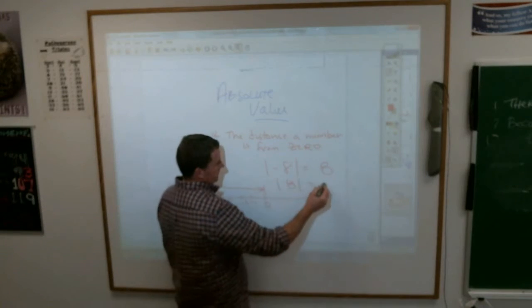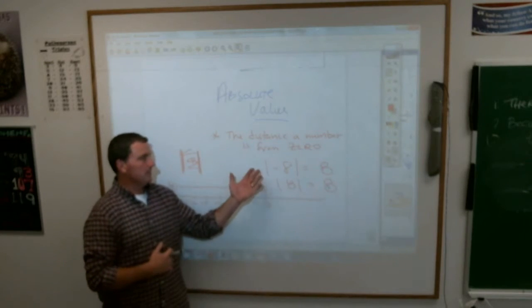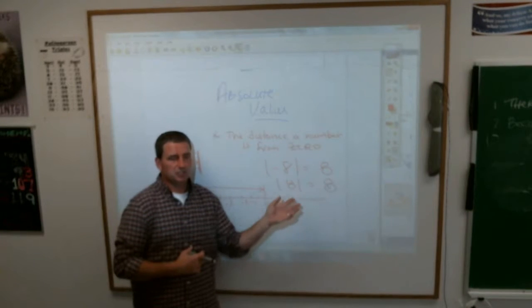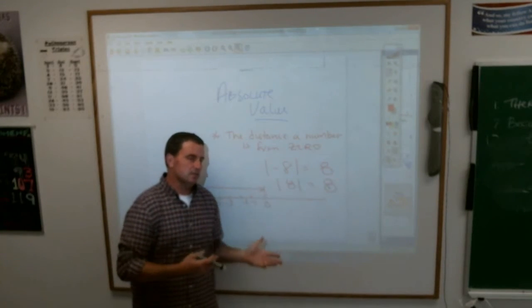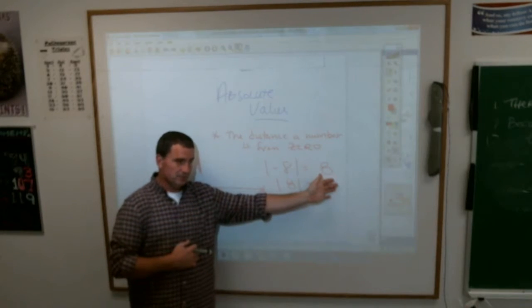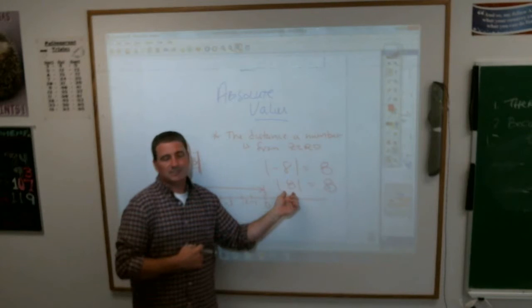8 spots. 8. Here is where most people make their mistakes with absolute value. They think because -8 absolute value becomes +8, it just changes it to its opposite, and that's not true. It does change negative numbers to their positive counterparts, but if it's already positive, it doesn't change at all.